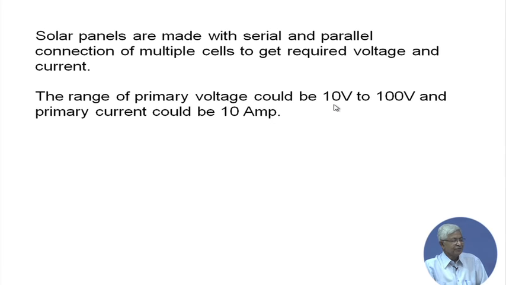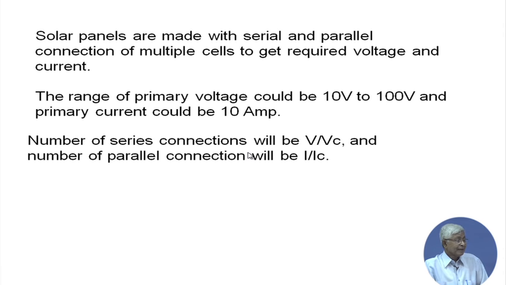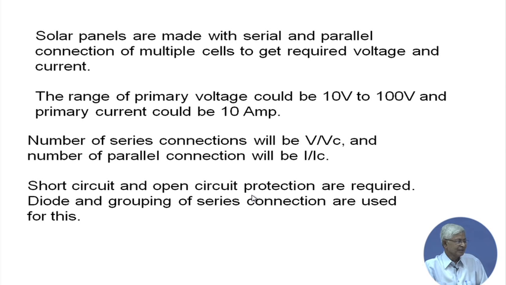Requirement may vary from 10 volt to 100 volt, and current may be required up to 10 ampere. So the number of series connection and number of parallel connection can be found out: the required voltage divided by voltage per cell, V by Vc, or required current divided by current per cell, I by Ic.